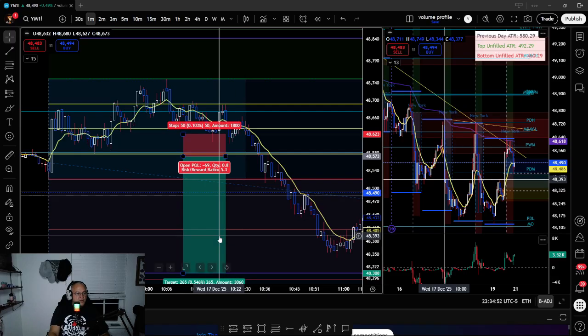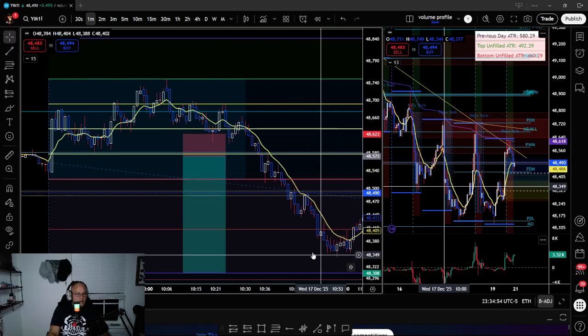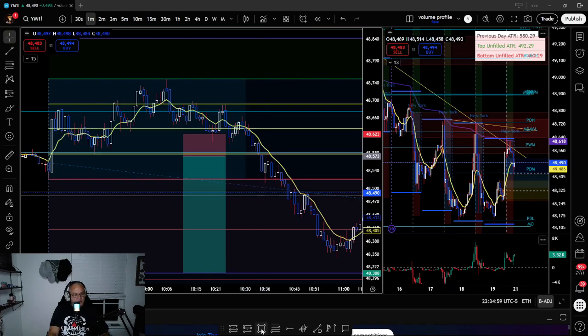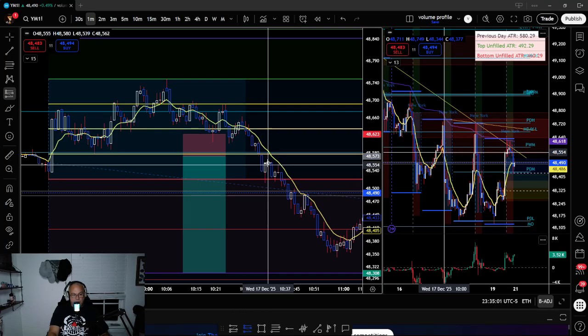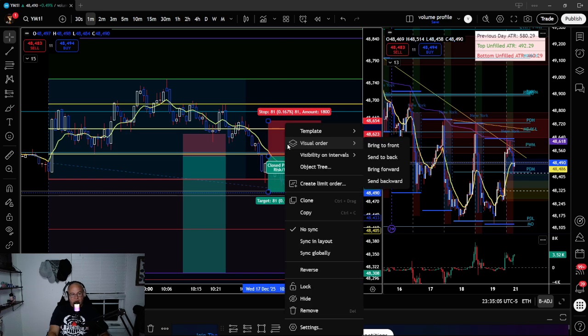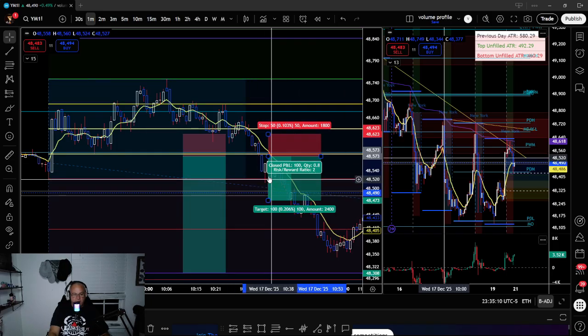Okay, so when we come down and we break the IB low, I'm going to be setting a short limit order just below the 25%. And I trade with a 50-point stop and a 100-point profit target. Now, here is the difference.